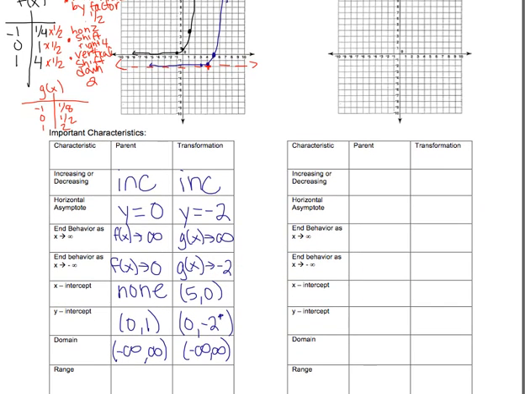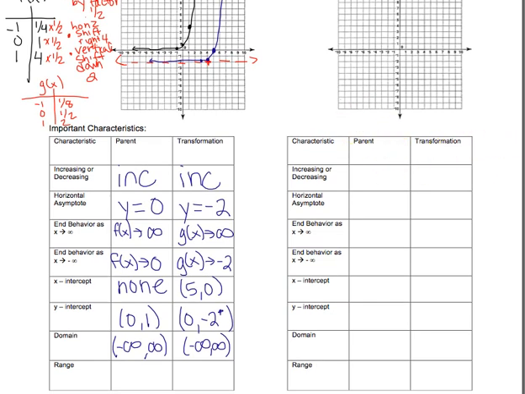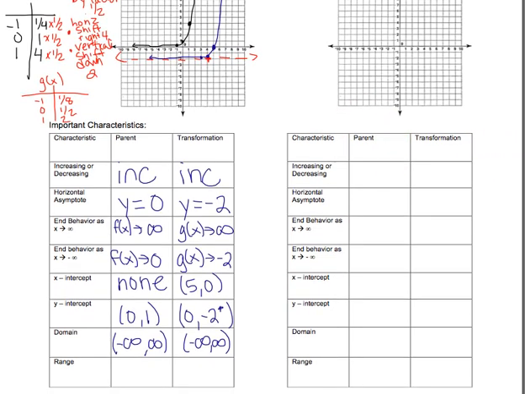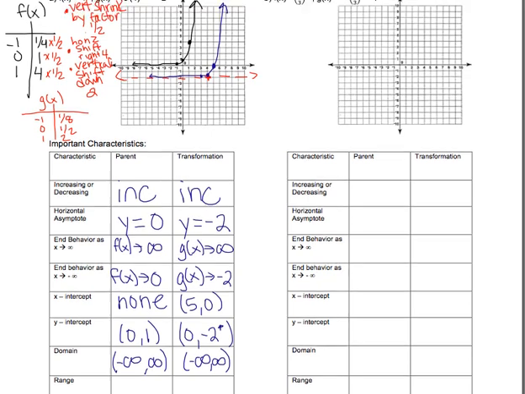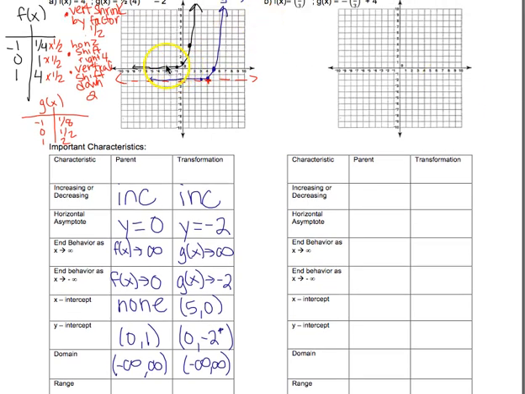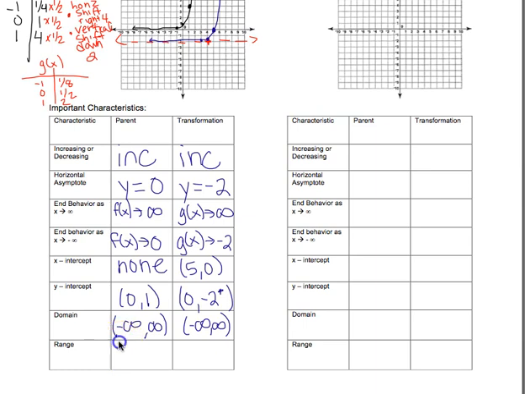The range, however, is going to vary based on what kind of parent we have and what kind of transformations we have. So my y values on my parent, they go from 0, not including 0, up. So remember, if we're not including, that means we use a parenthesis. So 0, and since it's going up infinitely, we would say infinity on the range.